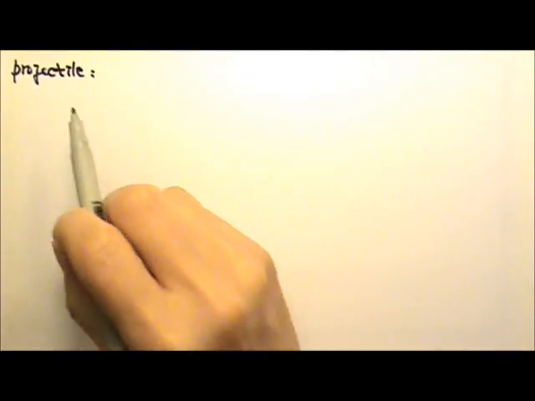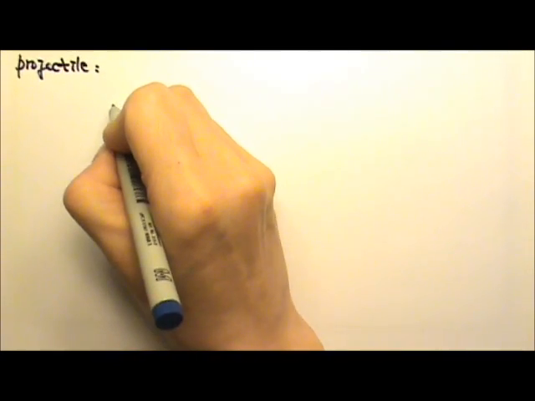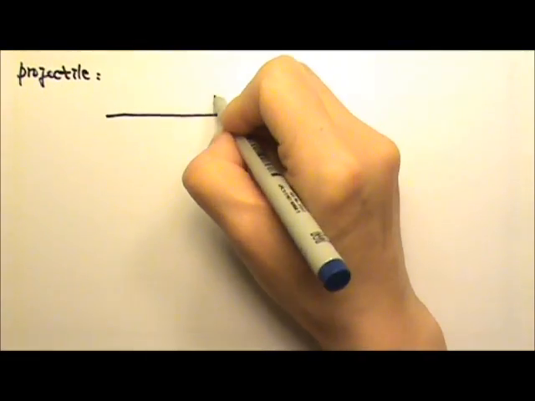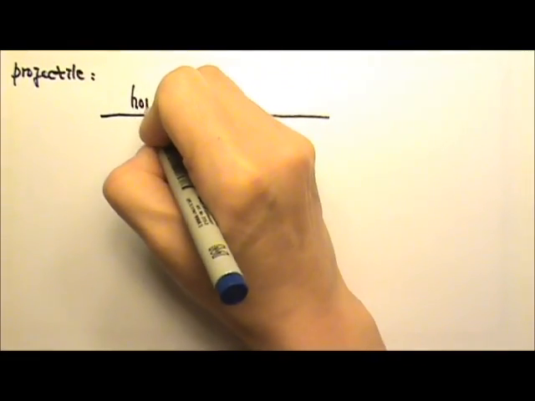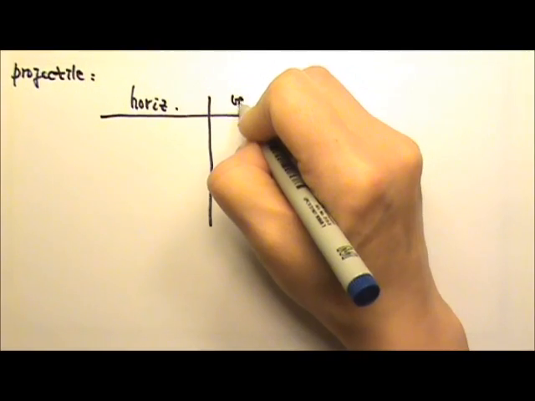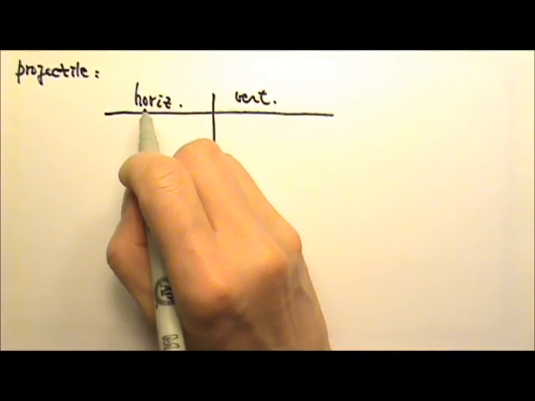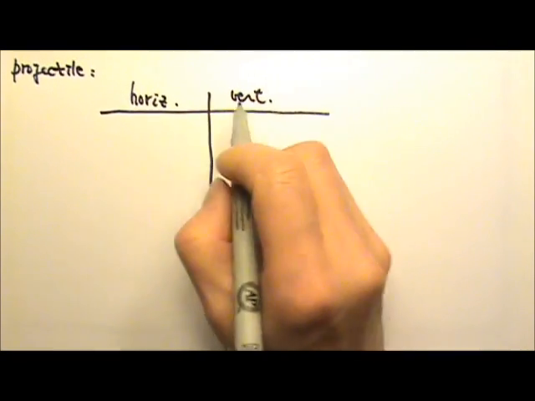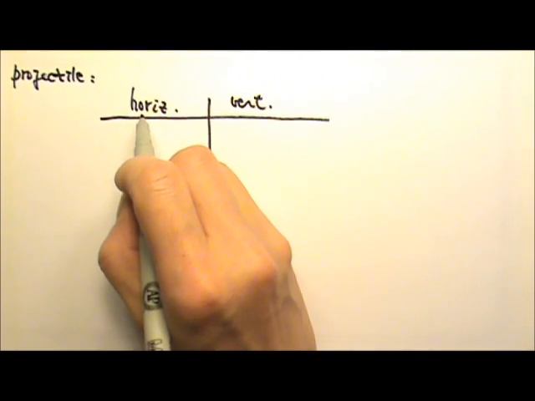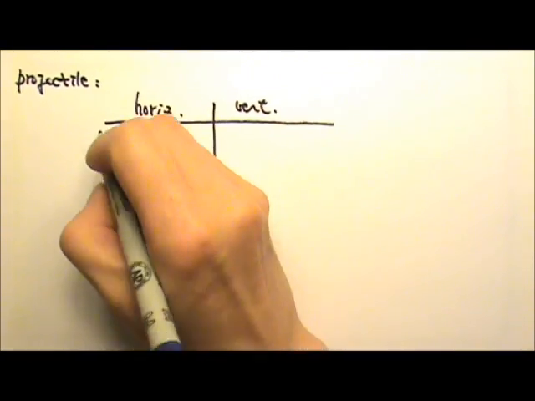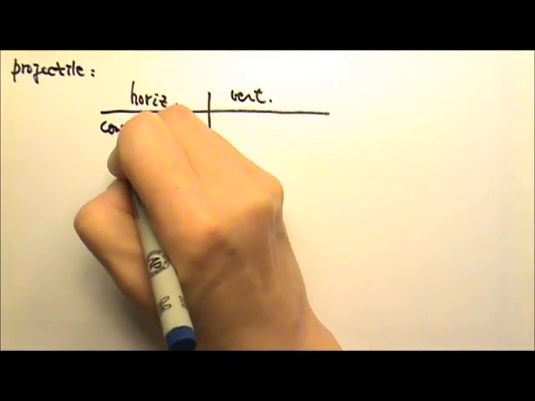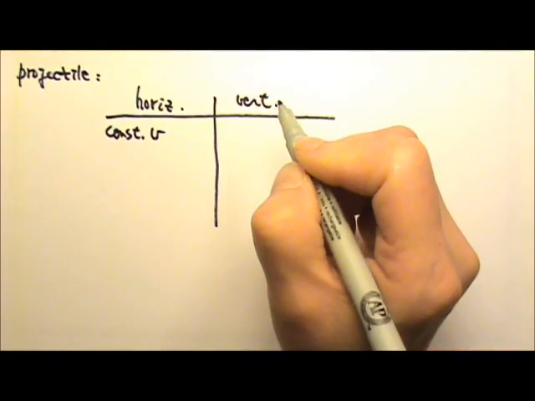And then we study projectile motion. For projectile motion, we should always separate the horizontal motion and the vertical motion. Because gravity pulls only straight down in the vertical direction, the horizontal motion is not affected. So the horizontal direction has constant velocity motion.